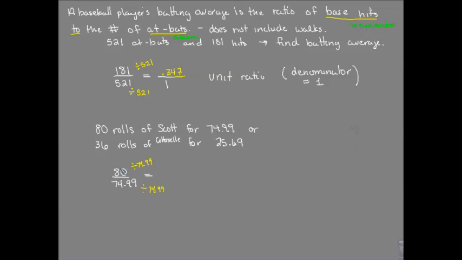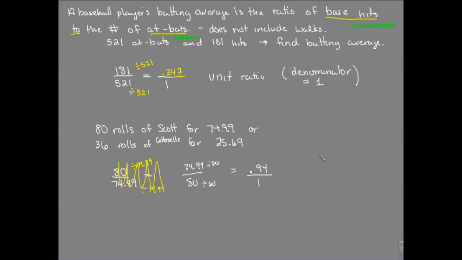I did that upside down. Thank you for pointing that out. We want to know price per roll, so we want the rolls to be 1. So the rolls need to go on the bottom. We'll divide both by 80. So I do 74.99 divided by 80, and I get 0.94 over 1.